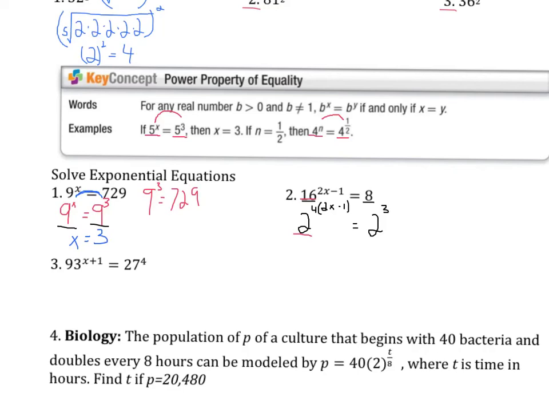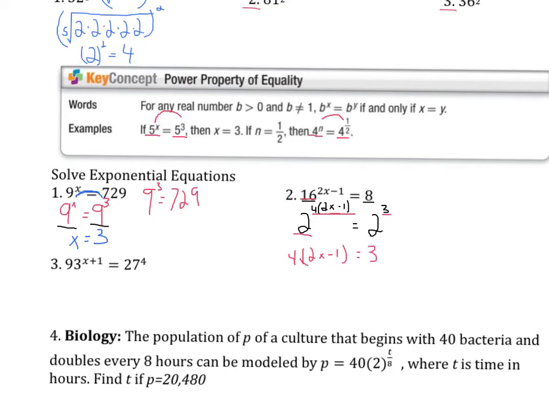So now we have two sets of exponents with a base of 2. So we can say that 4 times 2x minus 1 has to equal 3 in order for that to be true.